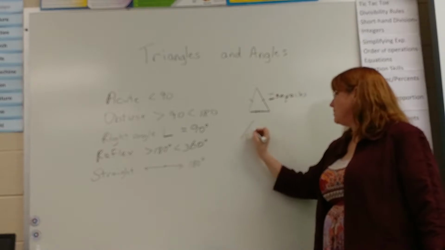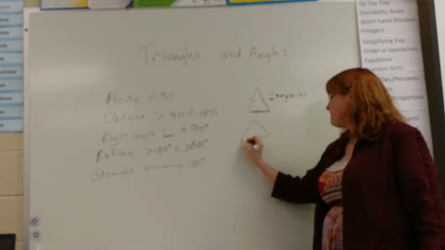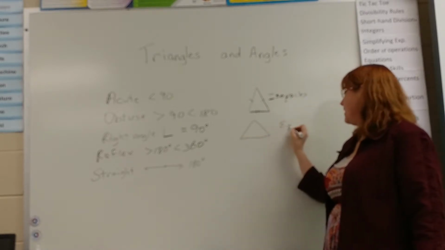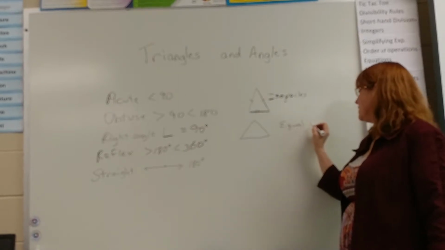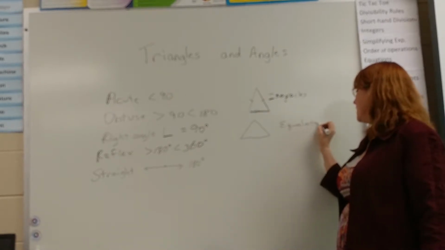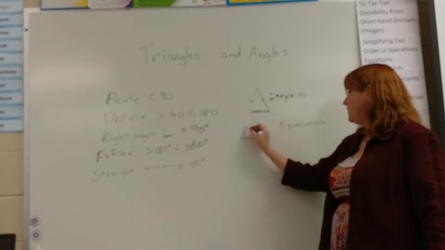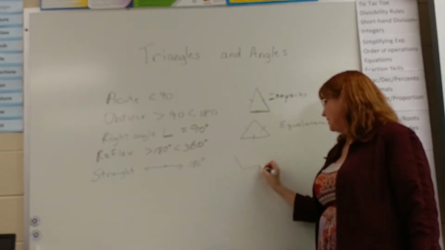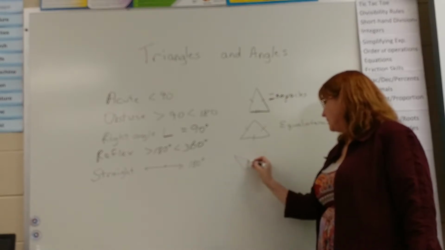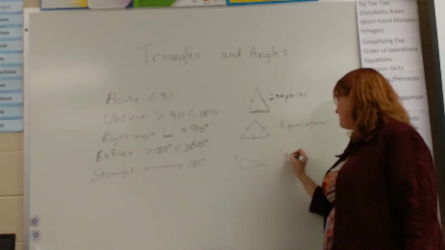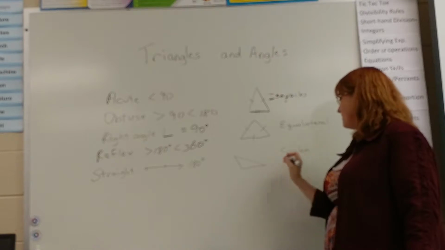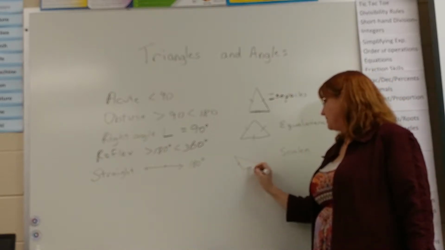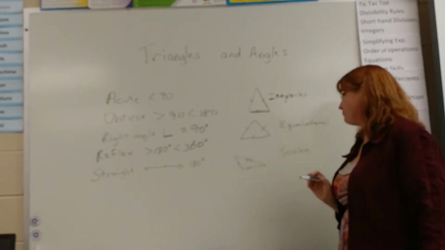You can have an equilateral triangle, and it has the word equal in it. This one and this one and this one are all the same. And you can have what's called a scalene triangle, and this angle, and this angle, and this angle are all different.